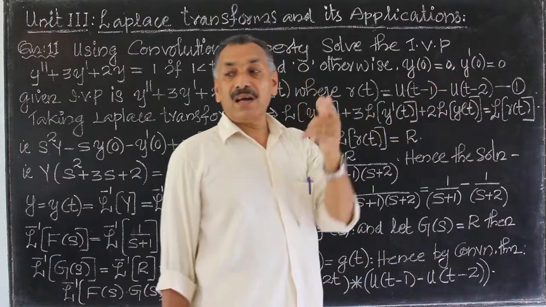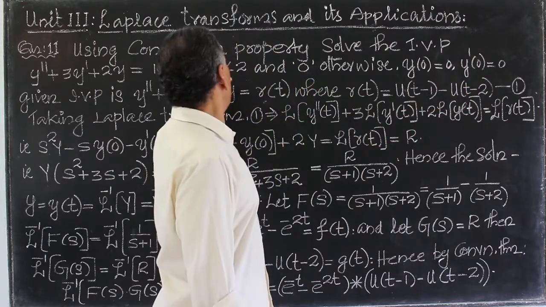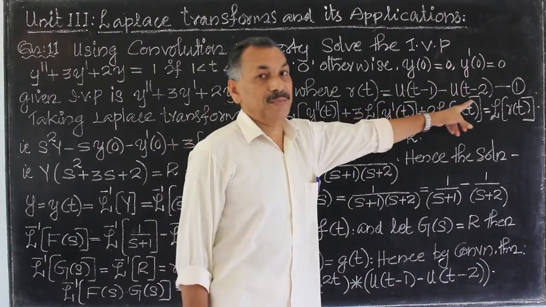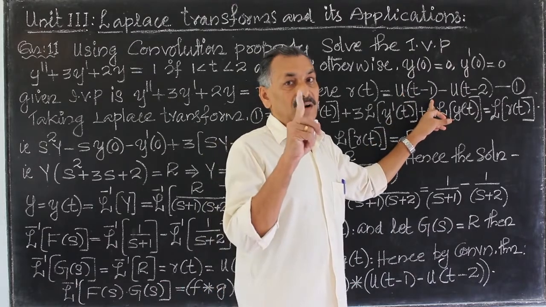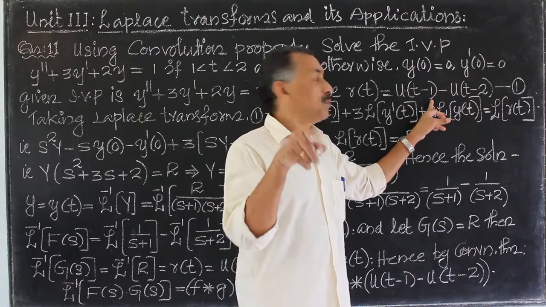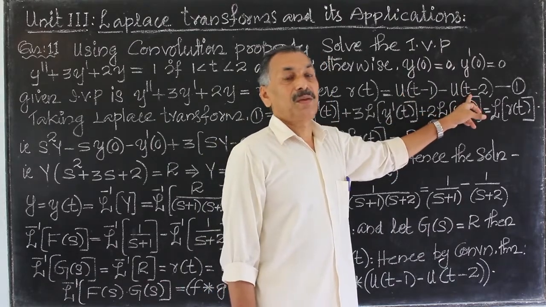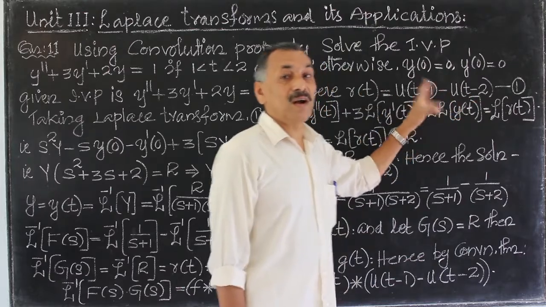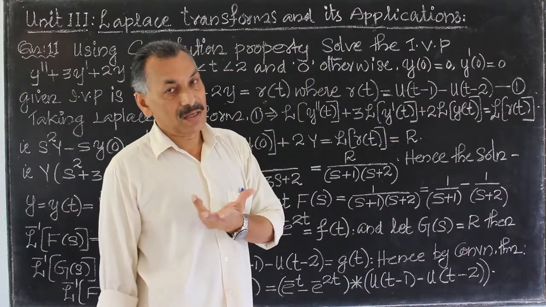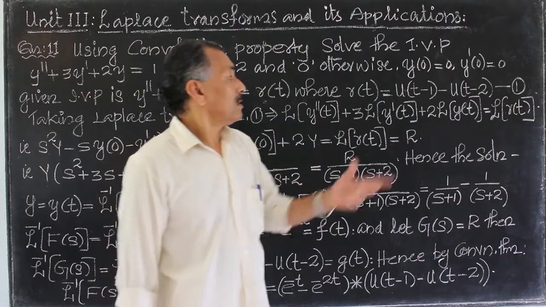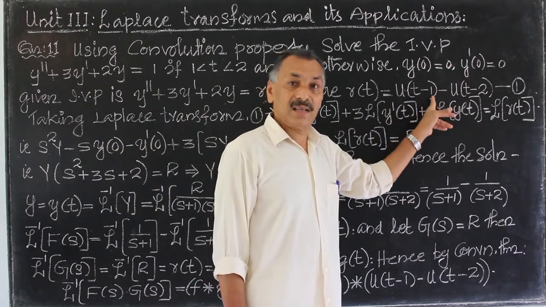If t greater than 1 and less than 2, if t greater than 1, what is u of t minus 1? 1. T less than 2, then this value is equal to 0. That means r of t is equal to 1 if 1 less than t less than 2. Next you consider t greater than 2. T greater than 2 means t greater than 1.